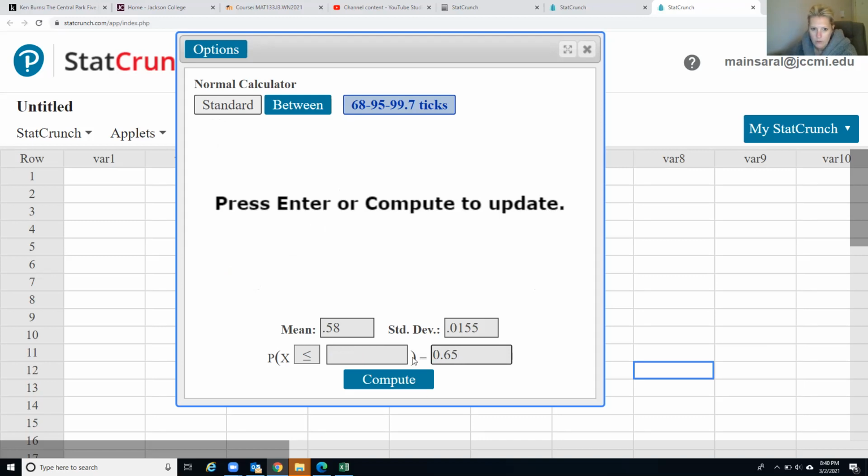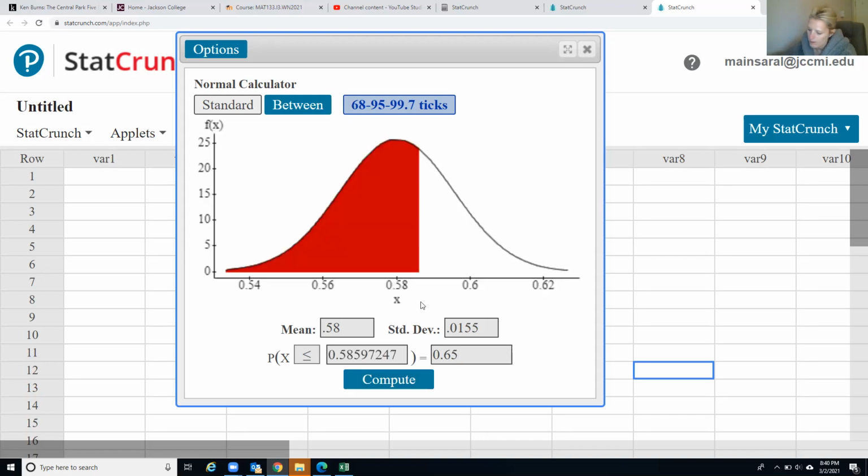Oh, I drew it incorrect. Not incorrect, but I think I covered more than what this is shaded in red. So you'll see my picture here in a minute. And that comes out to be a sample proportion of 0.586.